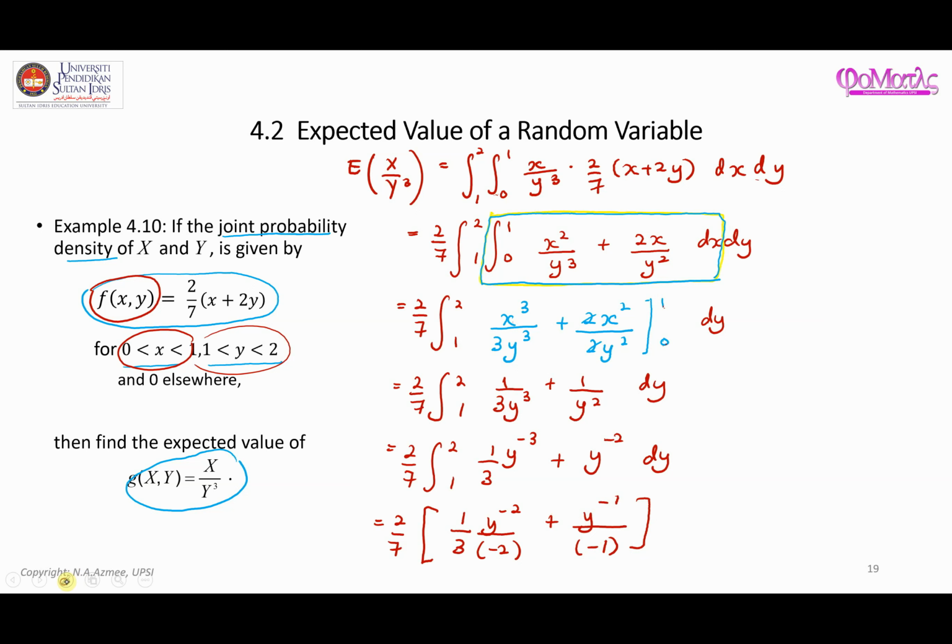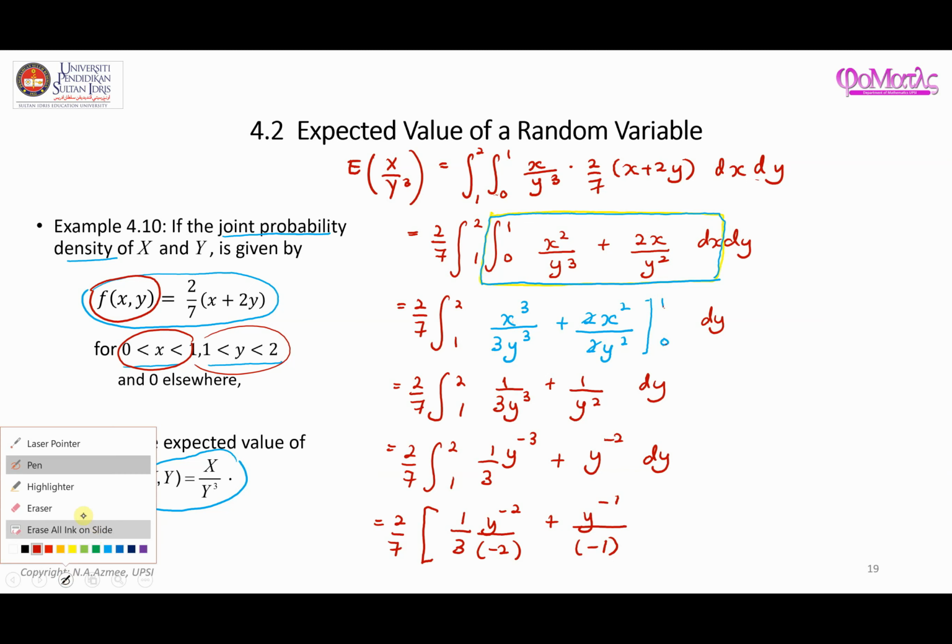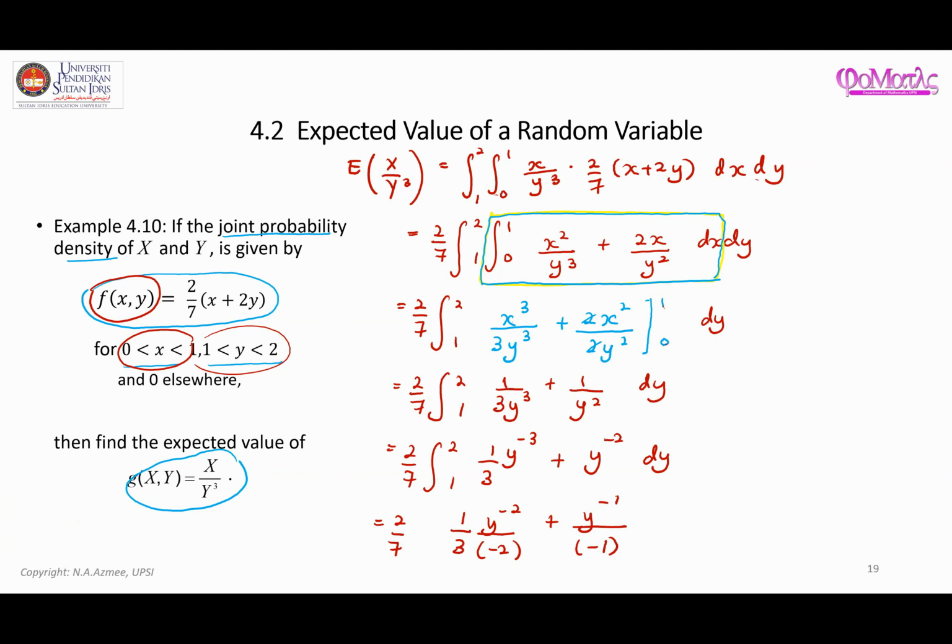So let me just write this down. Let me just use the proper bracket. Hang on. So here we have 2 over 7 outside. Therefore this part here we're going to consider substituting the limits, which is 2 and 1. Okay, I hope that is better.